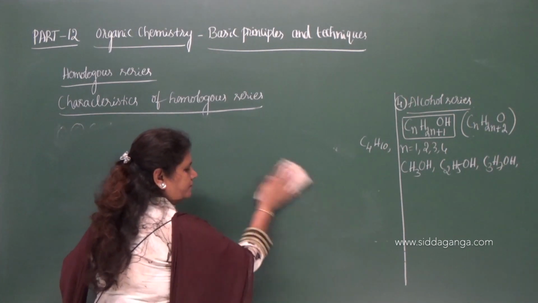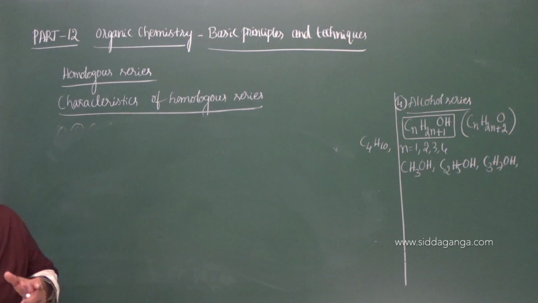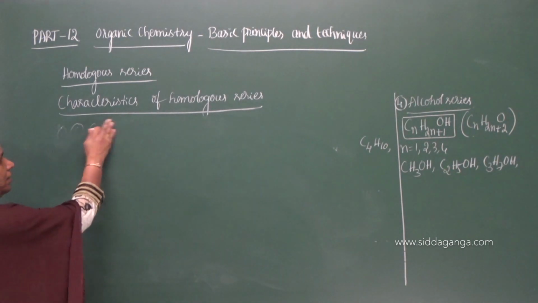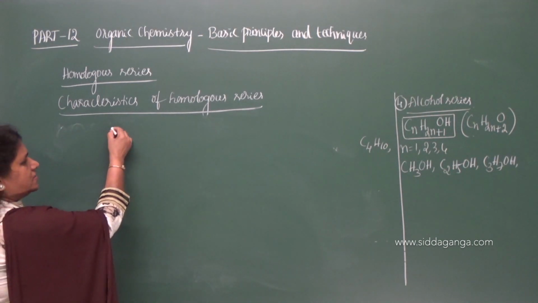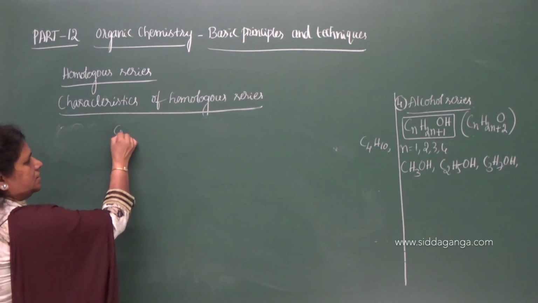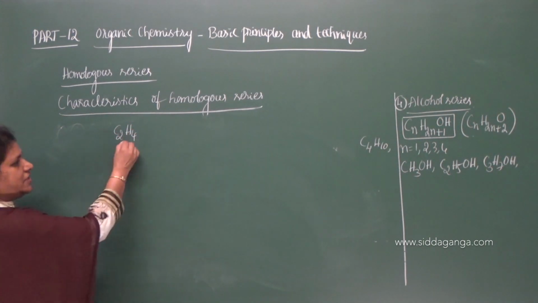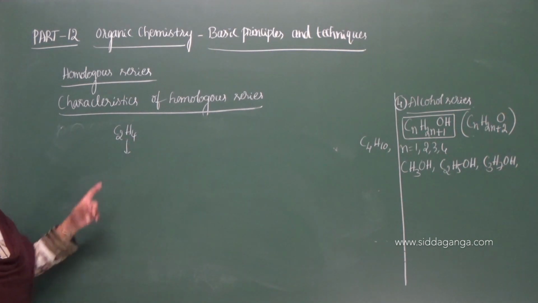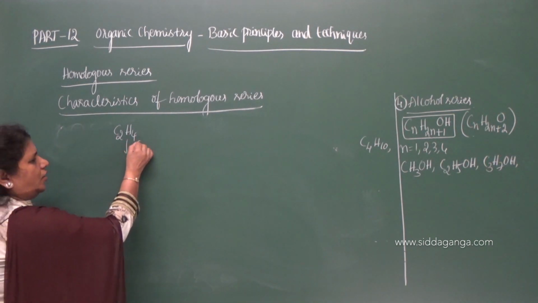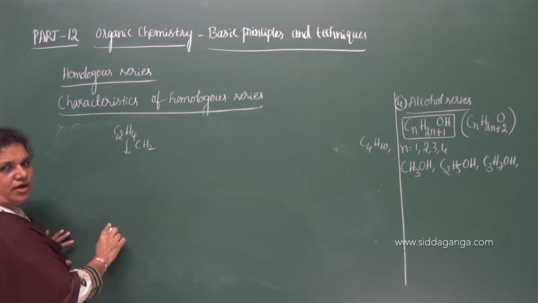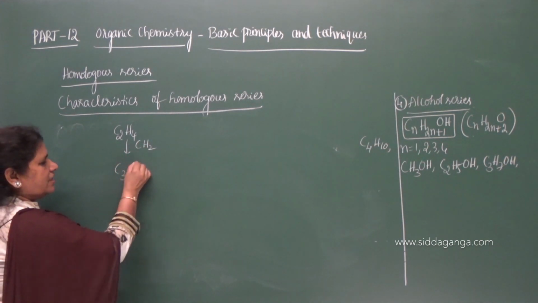Let me give an example. Give the next member of C2H4. You just have to add 1 unit of CH2 here.